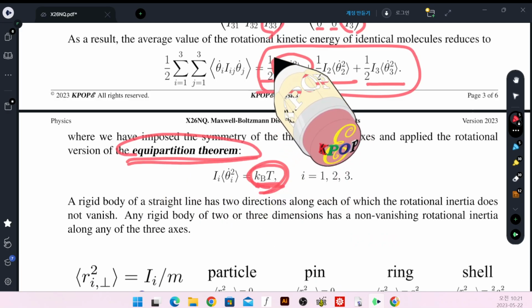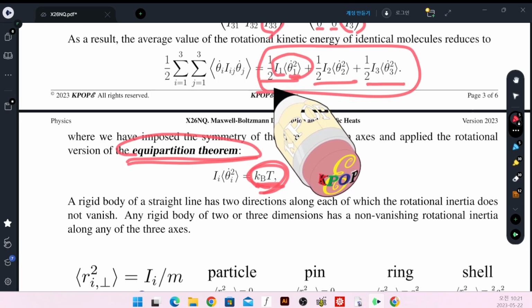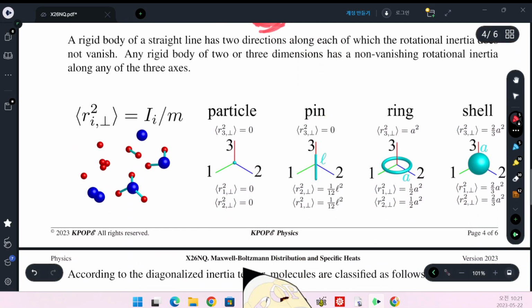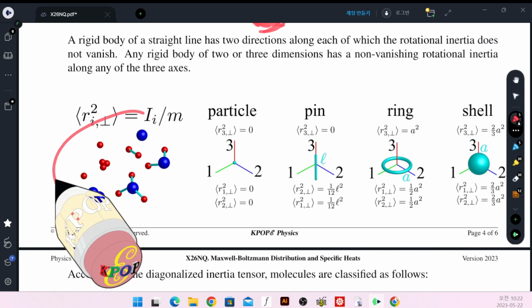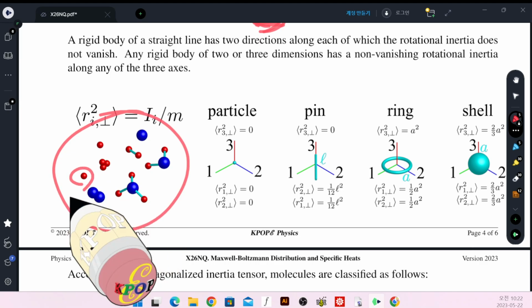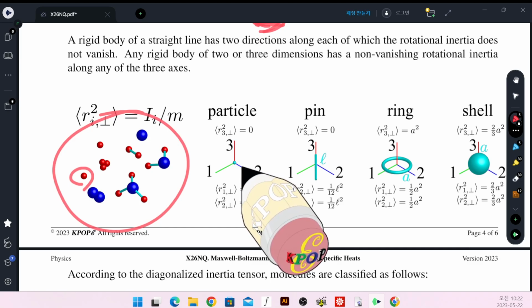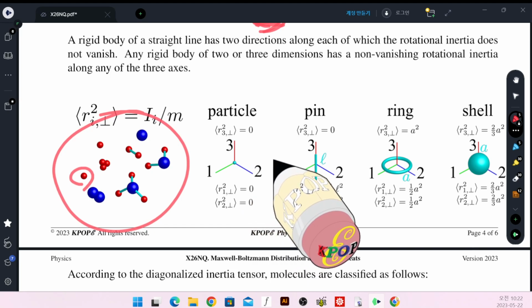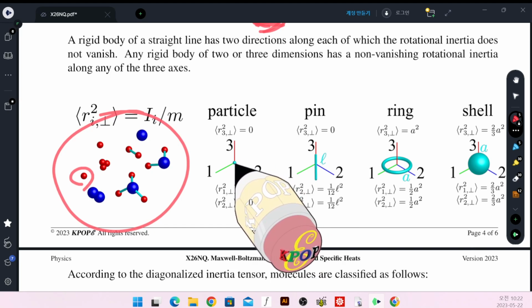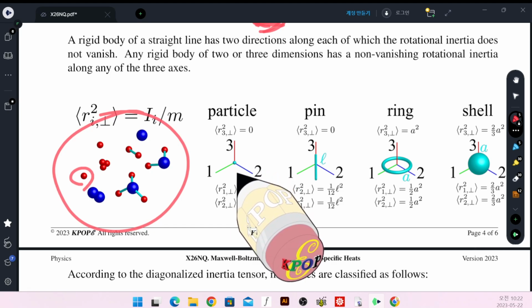The nature of the principal axis depends on the geometry of the distribution of mass in a rigid body. Let's see. The simple structures of molecules can be found here. This is a single particle. If it is a single particle, we neglect the volume of this, so I magnify this to exaggerate, but it is assumed that the radius of this sphere is 0.